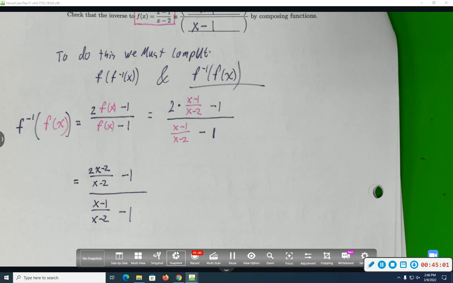What do you want to do next? That seems reasonable. I'll multiply the top of the fraction and the bottom of the fraction by x minus 2.